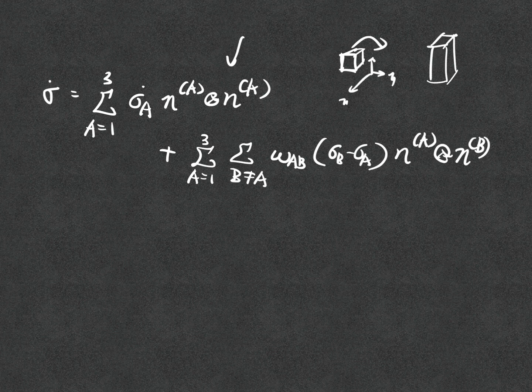What about this N_A, N_B? N_A and N_B are always orthogonal to each other. Okay, so if N_A looks like this, N_B looks like this. They're 90 degrees apart, right? So what does that tell you? Okay, so the magnitude of this term is kind of like shear, right?